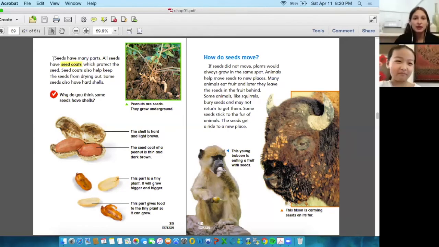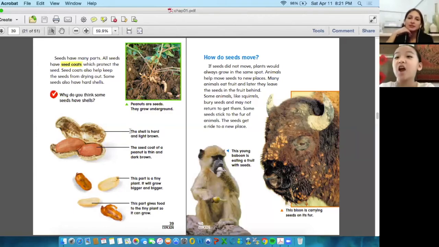Okay, so let's read about this picture right here. It's a peanut. Okay, so what does it say? Peanuts are seeds. They grow underground. Wow, did you know that? Did you know they grow underground? Yes, we know that. Okay, let's read about this one right here.